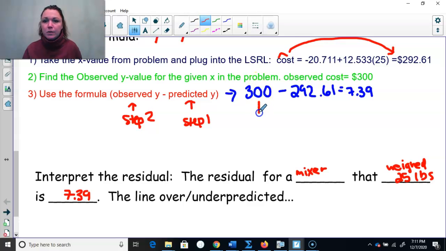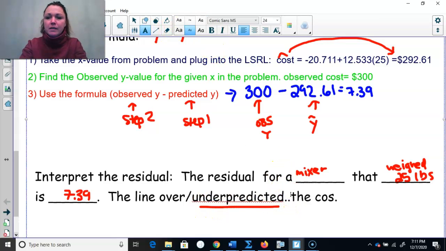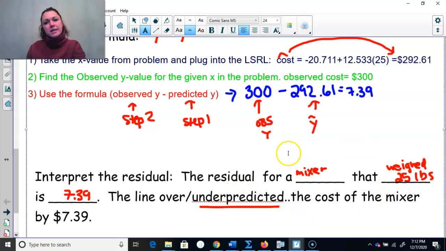Well, you can see this one right here is my observed Y, and this one right here is my predicted Y. It looks like it underpredicted what we had. So the line underpredicted the cost of the mixer by $7.39. Okay, so you can use this to help you.